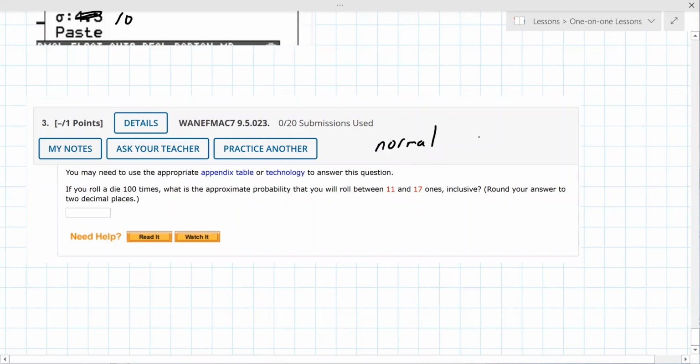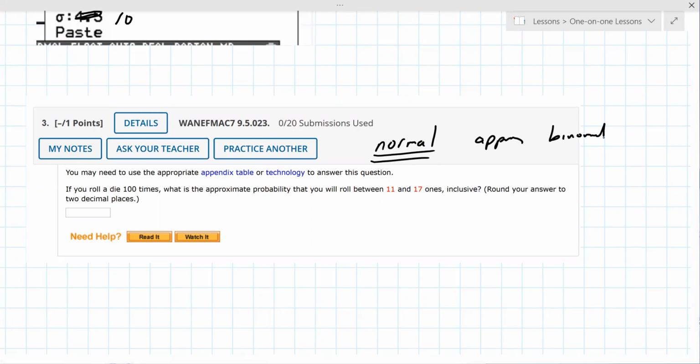So it says you're trying to use normal, but you're approximating the binomial distribution here, because you can do this with a computer with the binomial distributions. That's why it's a little bit odd to do this.